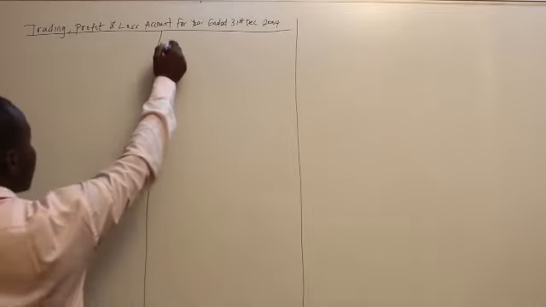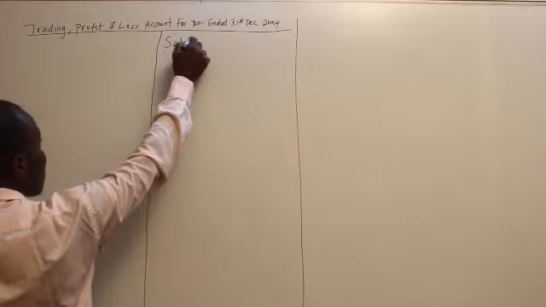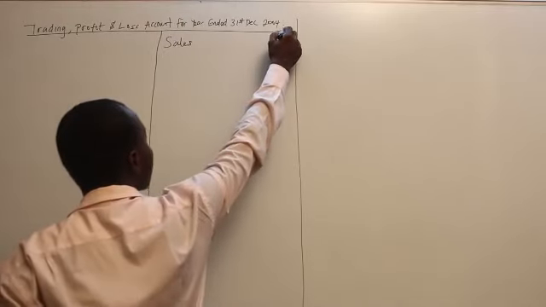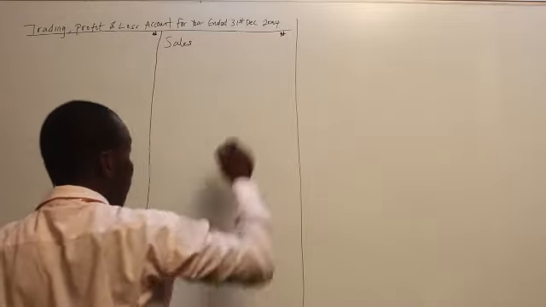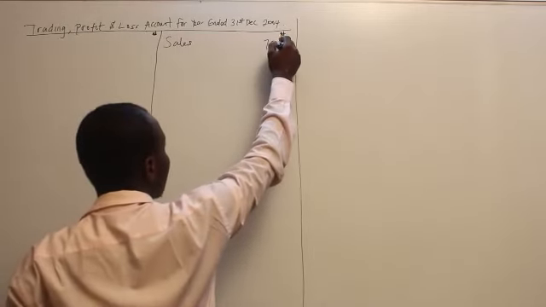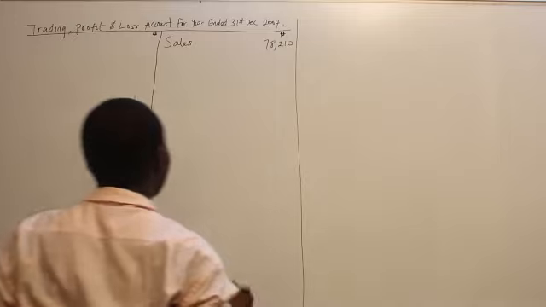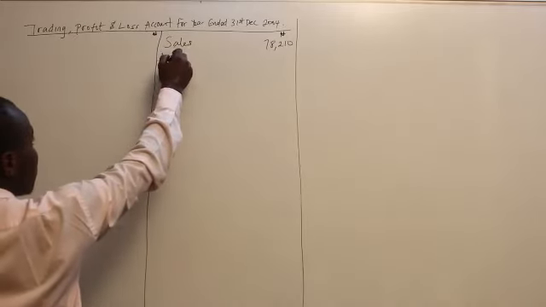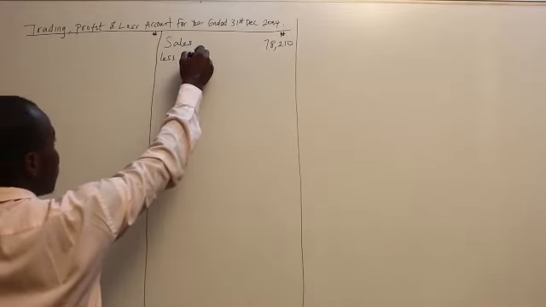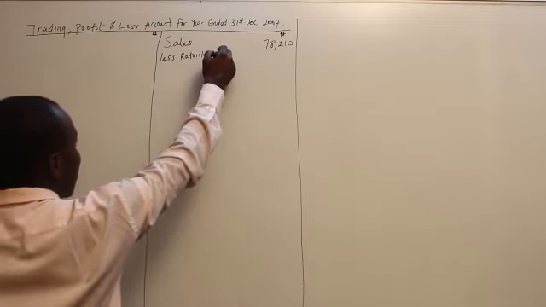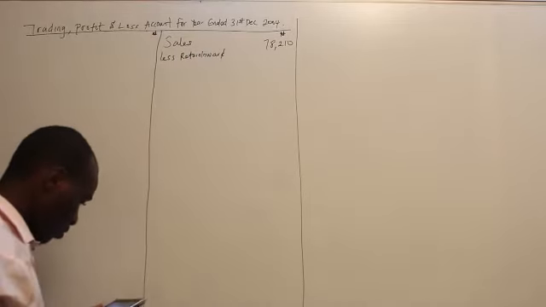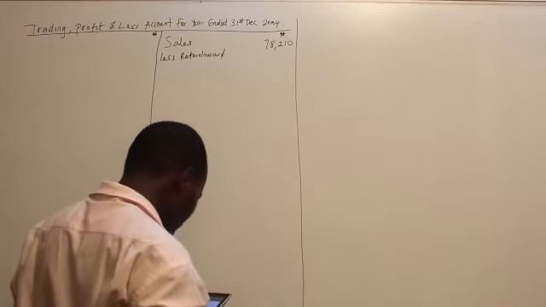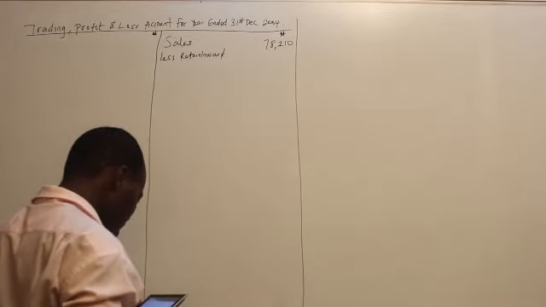So we have sales, the amount of sales in the period, which is 78,210. Then let's return inward in the period, the returns, the one at the debit.